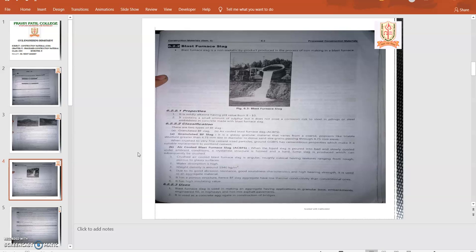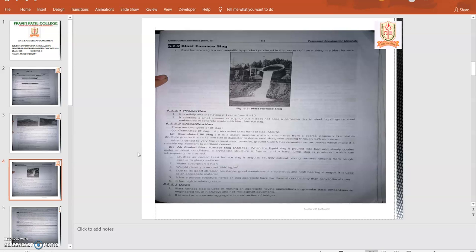The water absorption is very high. Then the unit weight is around 1940 kg per meter cube. Due to its good abrasion resistance, good soundness characteristics, and high bearing strength, it is used as an aggregate material. So as I said, it is a good replacement for the cement, also for the sand and the aggregates.